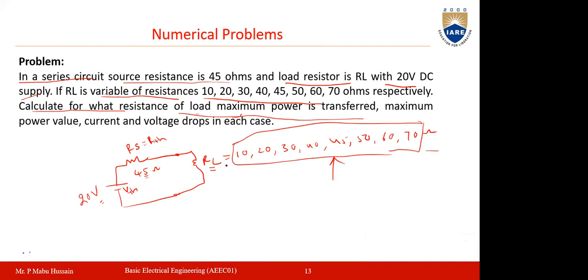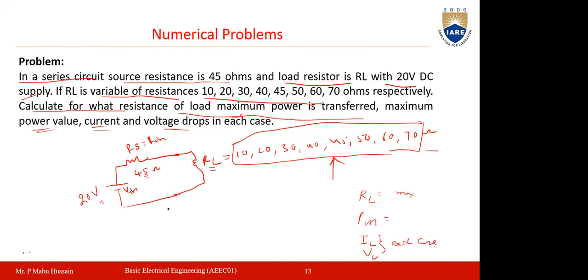They also asked for the maximum power value, current and voltage drops in each case. So you need to find the resistance RL at which maximum power will occur, determine the maximum power value PM, and also find the current IL and the voltage drop across RL in each case.